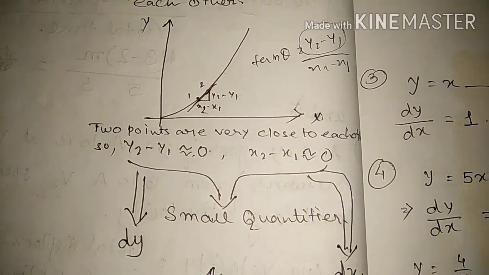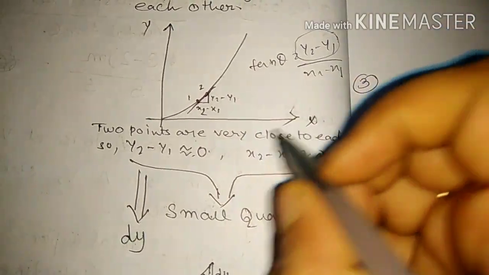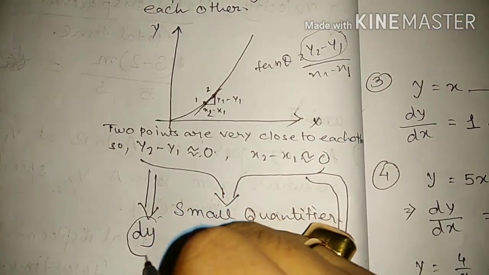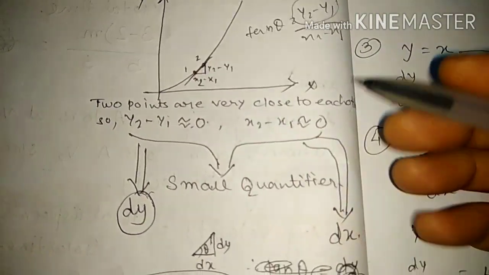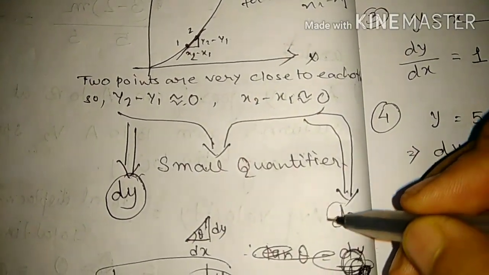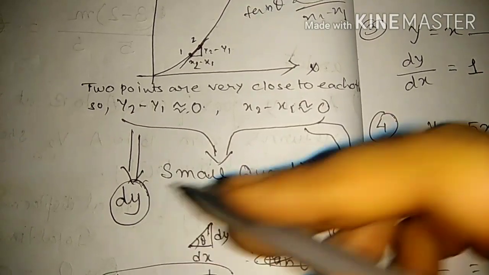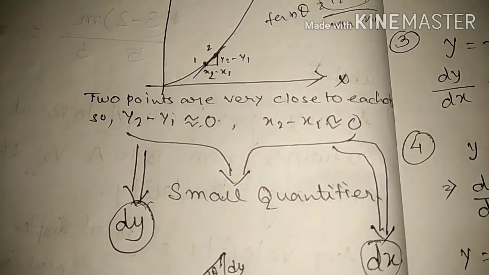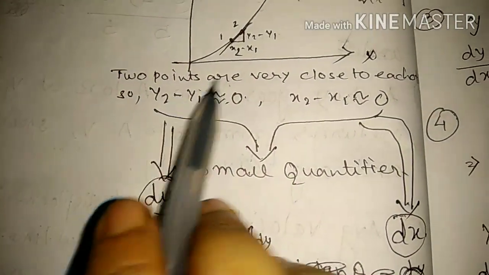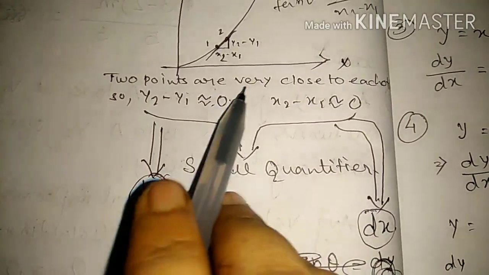In physics language or in mathematics, this small quantity is denoted by dy in case of y2 minus y1, and in case of x2 minus x1, this is called dx. dx, dy, these are very small quantities. Because here the variables are y and x, that's why dy, dx.